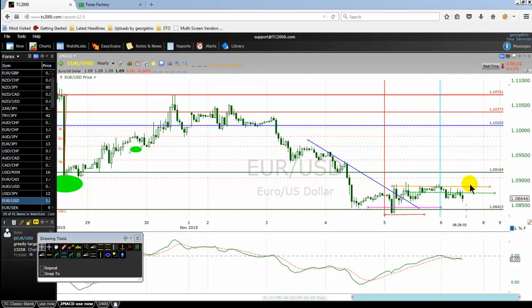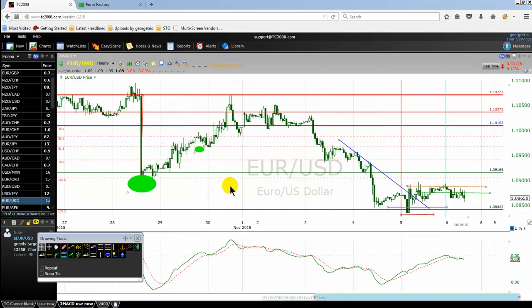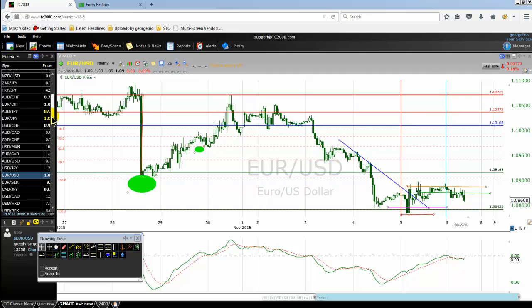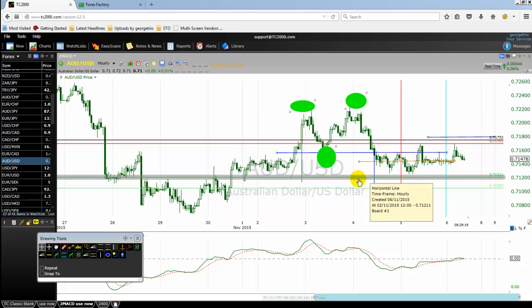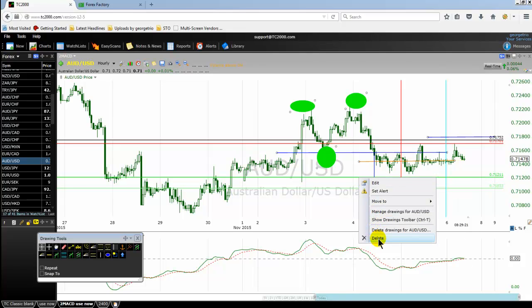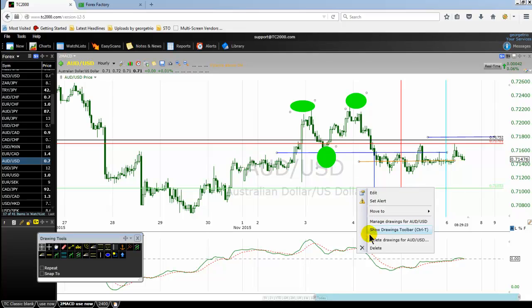So I remove my limit orders to take profit during the Asia session. I don't need them anymore, because I'm here now watching the price. Australian dollar, I'll remove also my limit orders to take profits. All right, remove them.